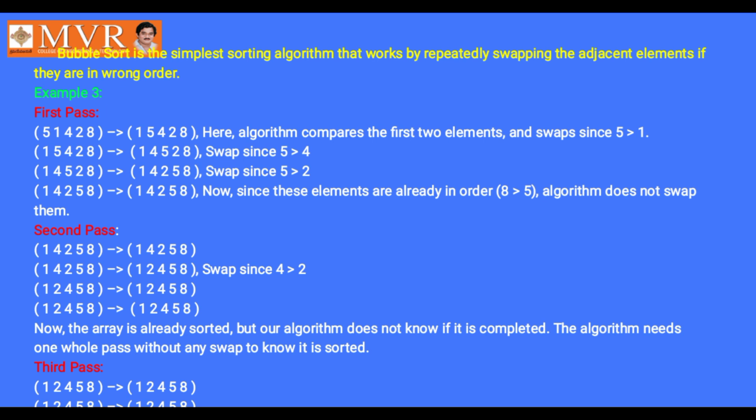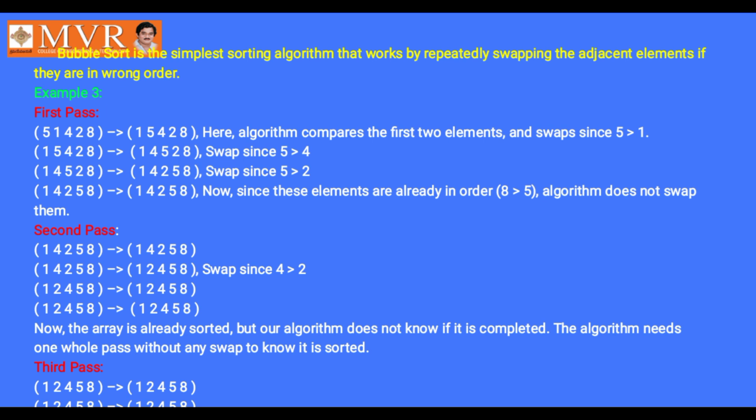See, another example which is demonstrating the bubble sort algorithm. Here I have written the procedure clearly so that you can understand it clearly. I took a list of elements, that is 5, 1, 4, 2, 8, and then I have swapped the two elements 5 and 1 since they are not in order, and I have written the comment also.